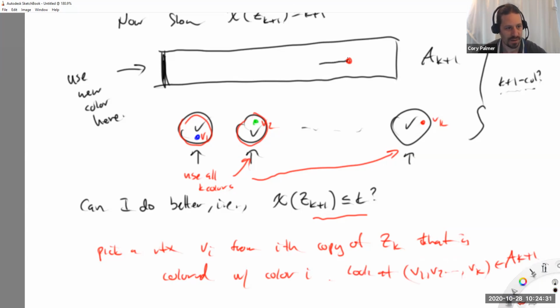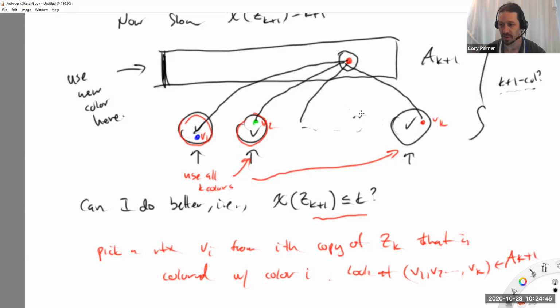Well, it's adjacent to a vertex of color 1, and a vertex of color 2, and a vertex of color 3, and a vertex of color k. So what color can I put on that vertex? I can't. I've got k colors, and it sees all k colors on its neighbors. So there's no color for that one there. So if I use k colors, well, I can't, is what it means. I get a contradiction, right? Whatever color I put on this vertex, I get an edge whose end vertices are the same color.